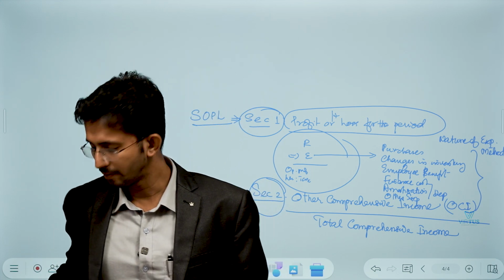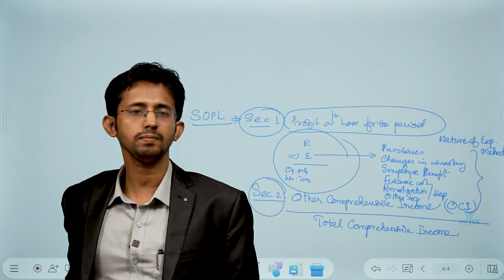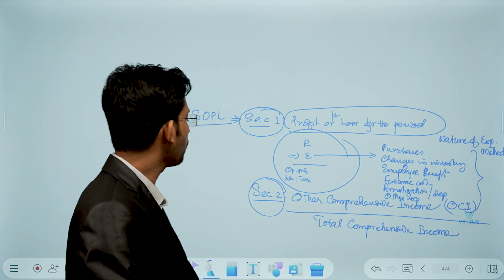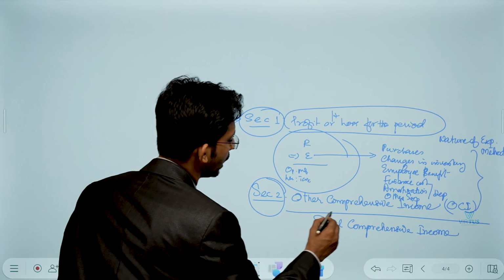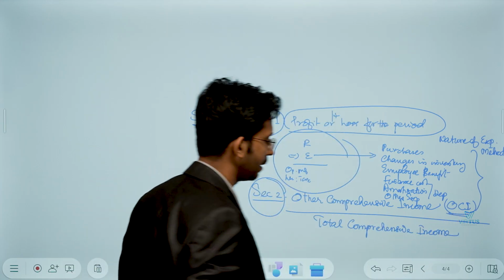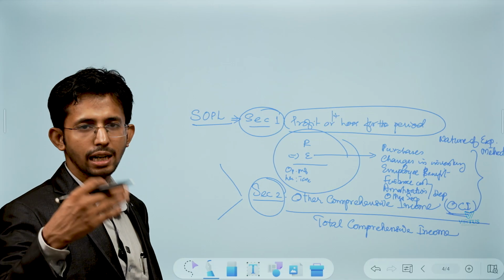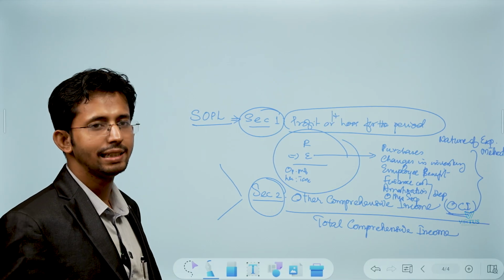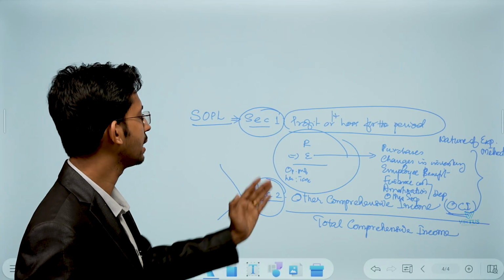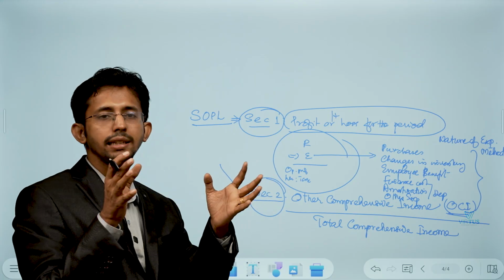Right. Now, one more point which we have to talk about is whenever we present OCI, this OCI is divided. We will learn about OCI in detail, but for the time being, keep in mind, OCI is divided.